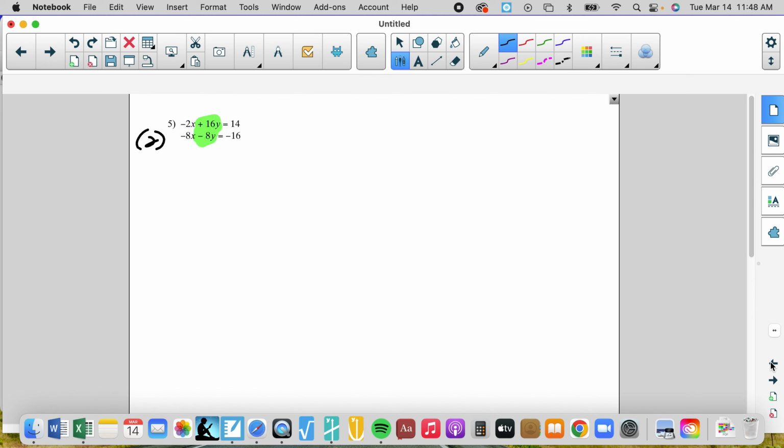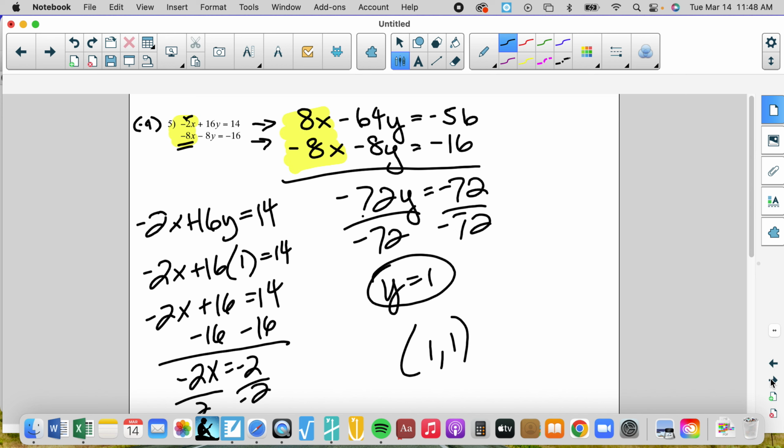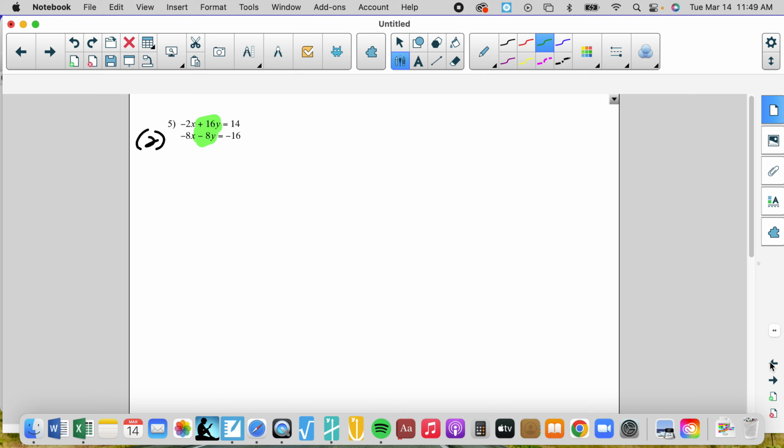Now let's go back to this. We can write "or" here, because this is an "or" choice. So we'll go back to this one, canceling the y's, because this should be a little bit easier. We don't have to manipulate the top equation, because we're going to cancel out the 16y.